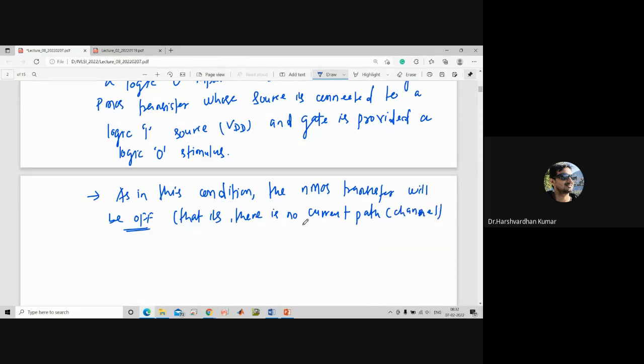There is no current path between the output node and the ground node. So in this condition, the NMOS transistor will be off, and the PMOS channel and PMOS transistor will be on.